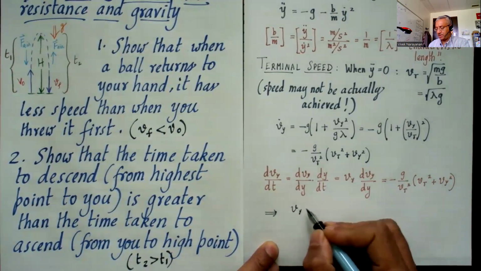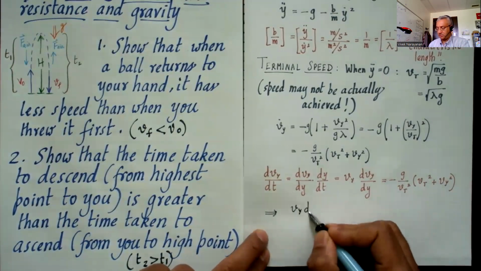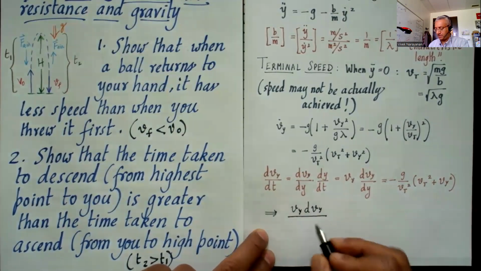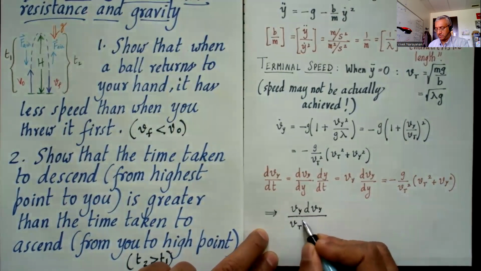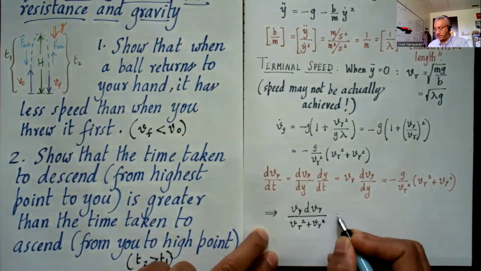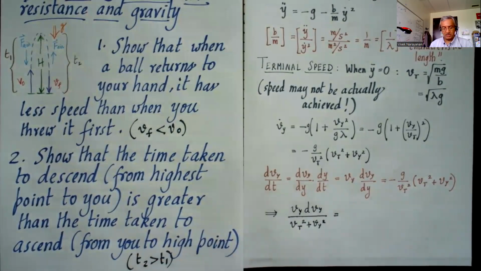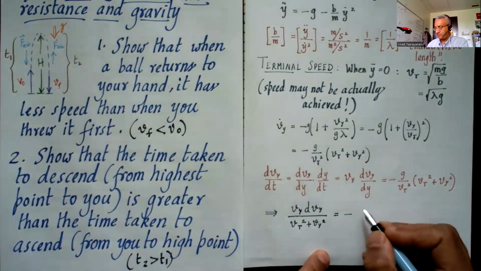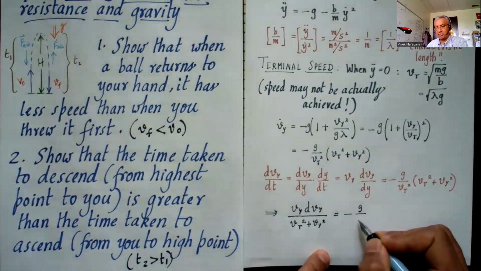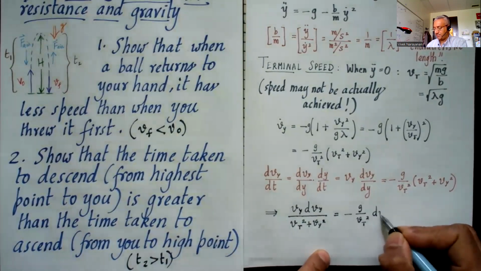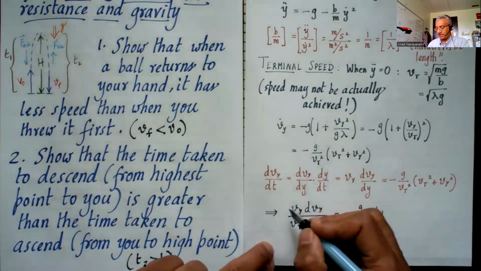So I get vy times dvy divided by vt squared plus vy squared is equal to negative g upon vt squared dy. Now I integrate both sides.